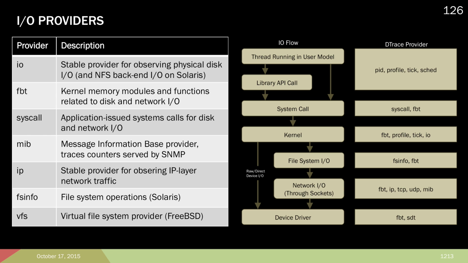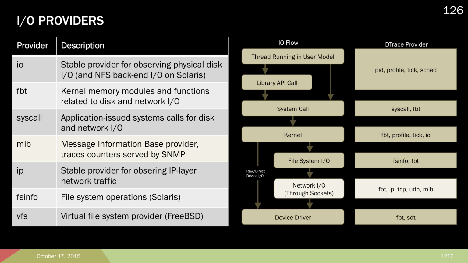What provider should we use for I/O? io, the stable provider for observing physical disk I/O and NFS backend I/O on Solaris. Kernel in our I/O flow diagram: FBT, kernel modules and functions related to disk and network I/O. In our I/O diagram, system calls flow through to the device driver. Syscall: application-issued system calls for disk and network I/O.